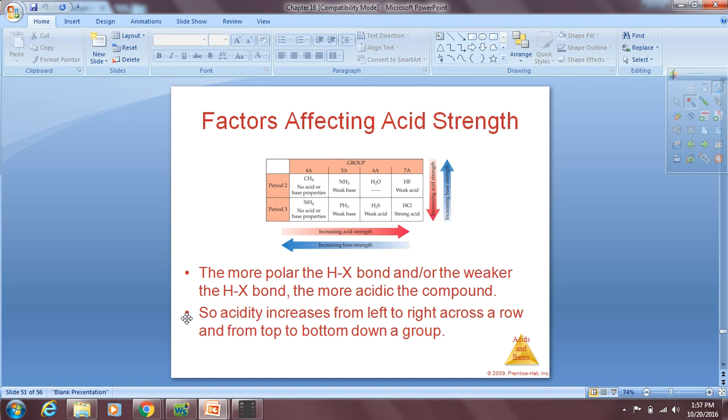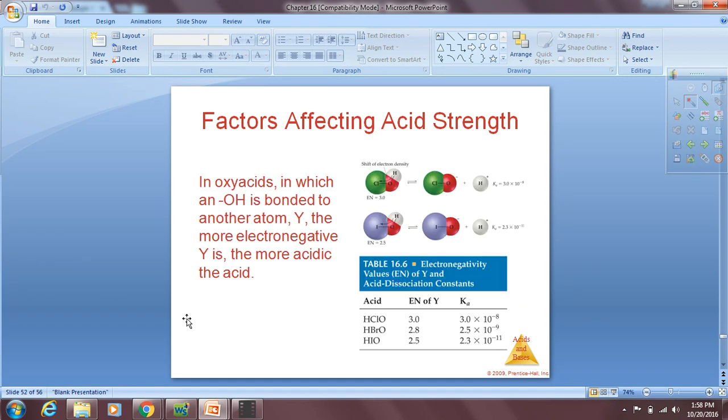Things that affect acid strength include the polarity of the hydrogen bond. Acidity increases from left to right across a row of the periodic table, and it also increases from top to bottom as you move down a group. In oxyacids, there's an OH bonded to another atom.